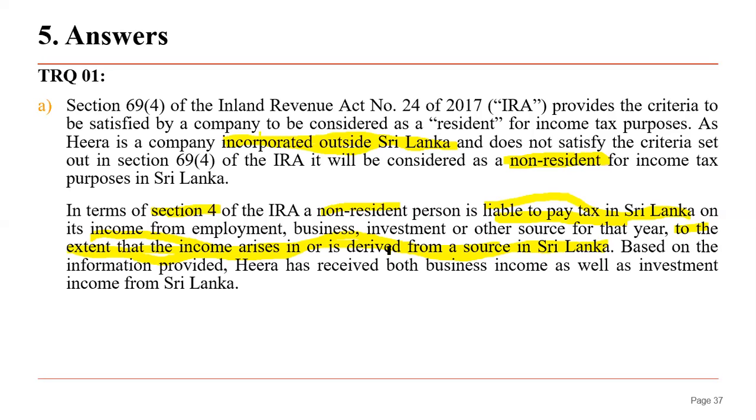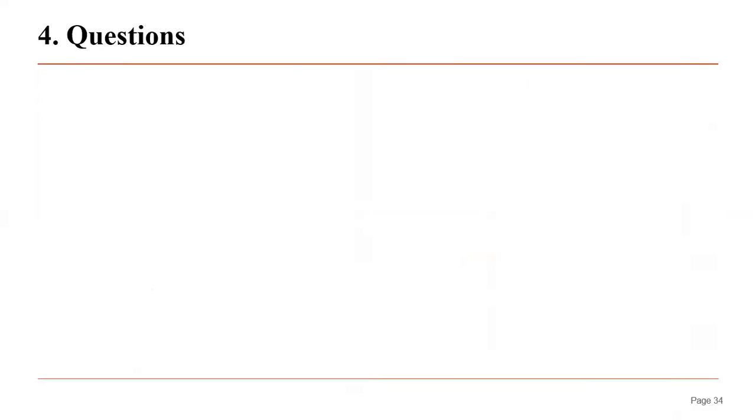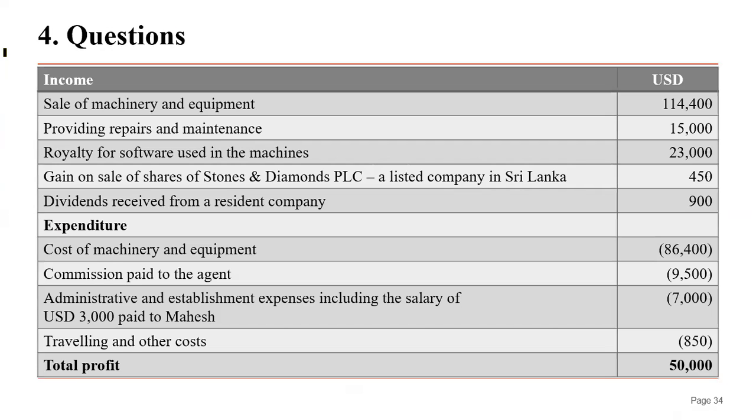Based on the information provided, Hera has received both business income as well as investment income. What is the business income? Business income is basically the sale of machinery, repair, and royalty.